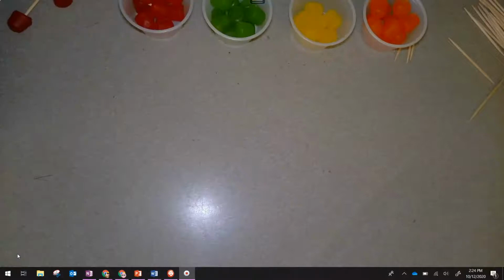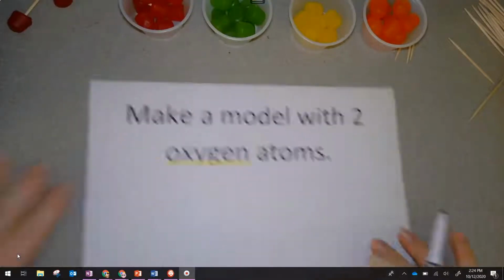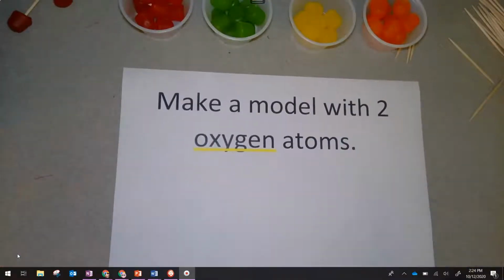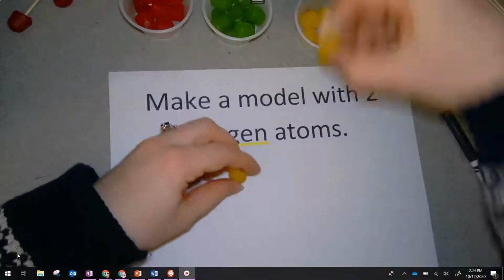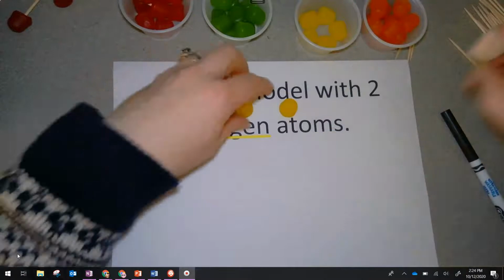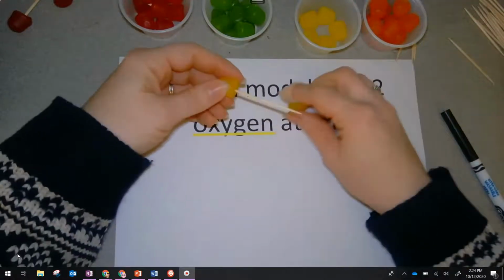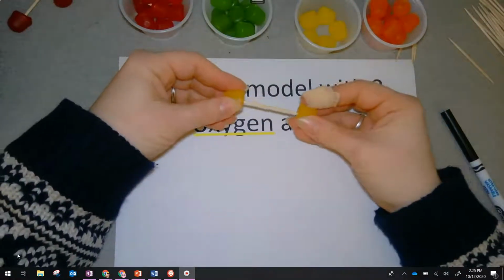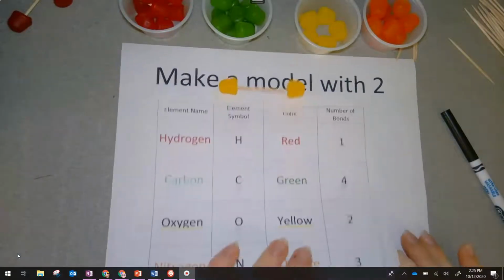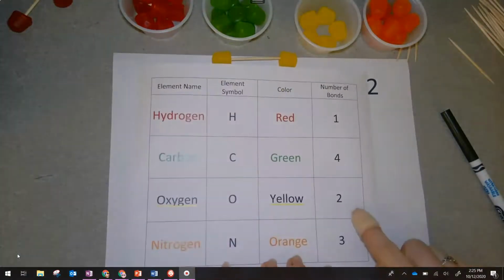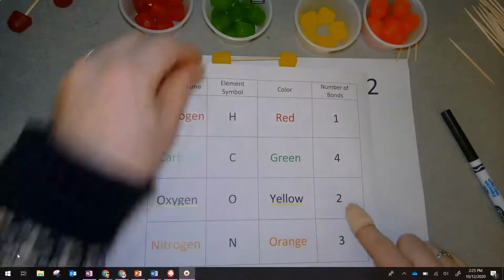Next up, we have a model of two oxygen atoms, and oxygen is yellow for us. And it might seem really simple to just kind of do this. All right? However, we need to make sure that we're following the rules according to the bonding rules chart. Oxygen has to have two bonds.